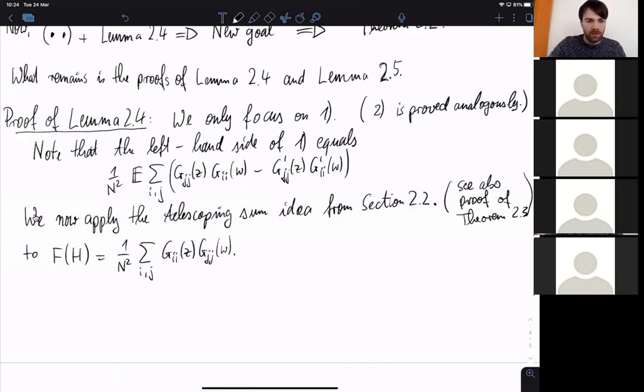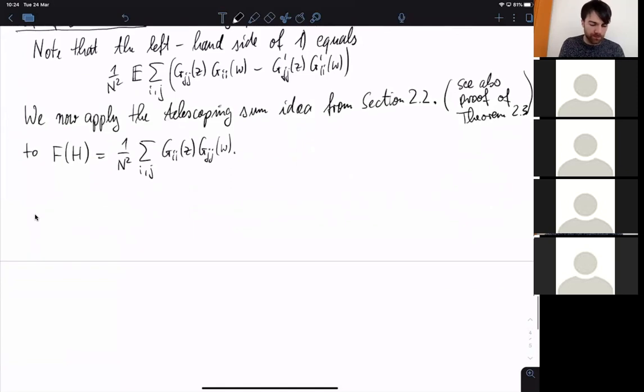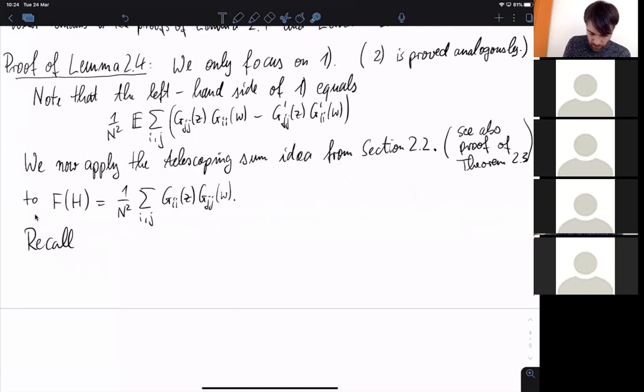What I recall from last time is that we will now replace in these resolvents the entries of H by entries of H prime.